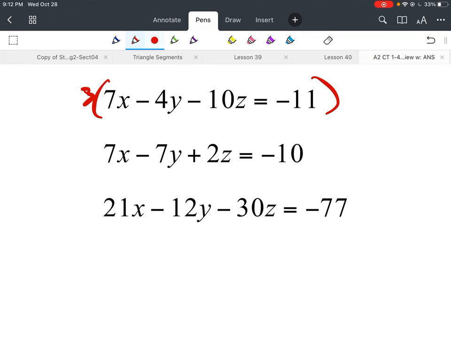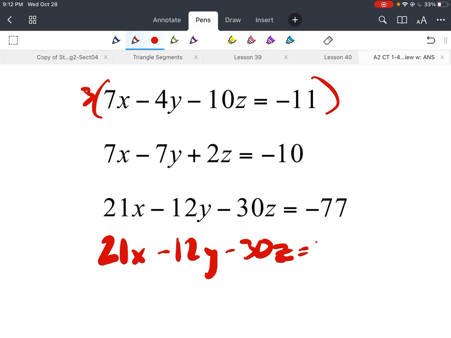Remember, you can always multiply a whole row by something and it's fine. Let's rewrite it down here. This is 21x minus 12y minus 30z equals, and then this would be like negative 33. Okay, now if I made a negative version of this one, if I multiply by negative 3, this would just be all the opposite signs.